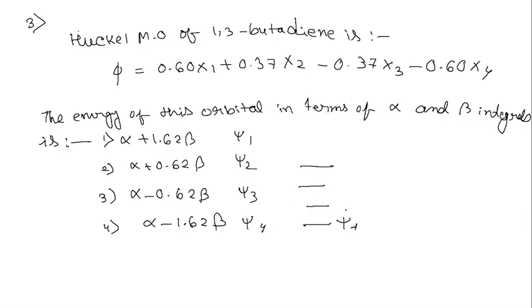Like that psi 1, psi 2, psi 3, psi 4. As it is a negative quantity, its value will be the maximum, so I am designating it as psi 4.